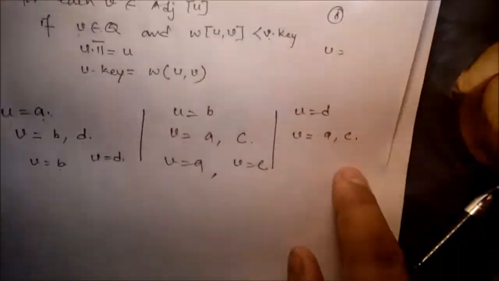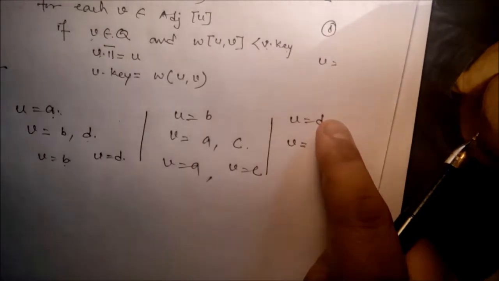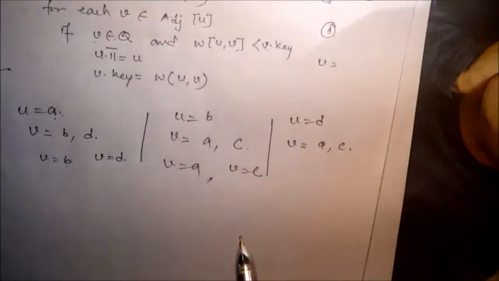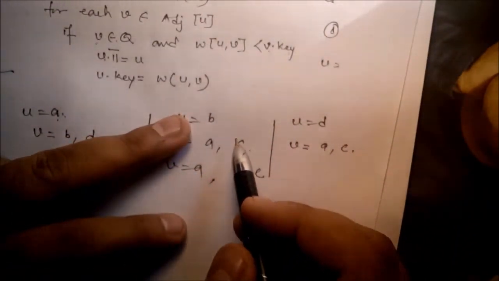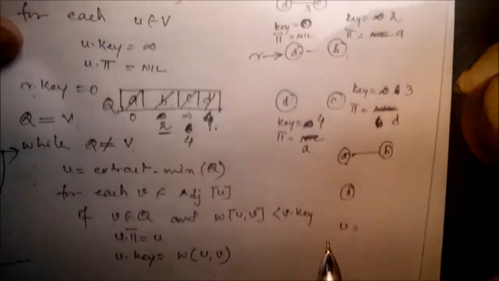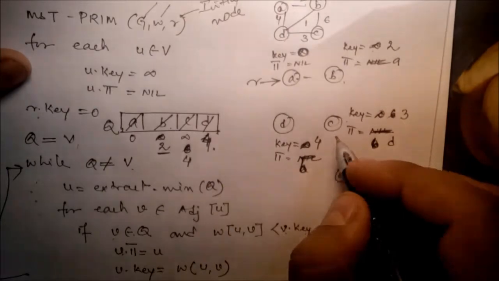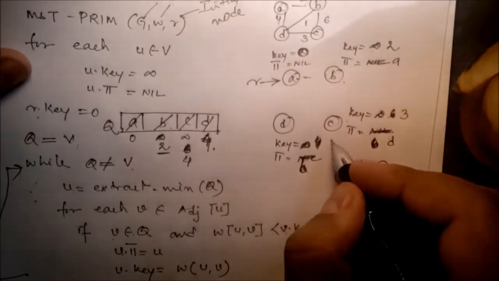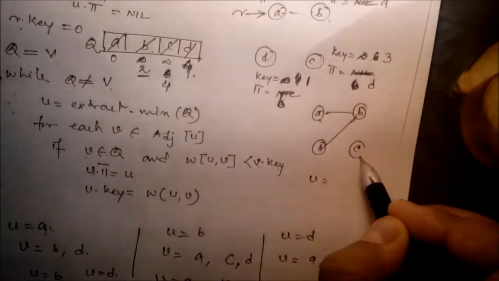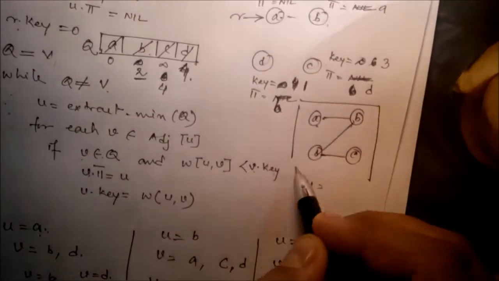That will not be 4, it will be from B. So for this case, the parent will be B, and the key value will be 1. And for C, the key value will be 3, and the parent will be D. So this is the minimum cost spanning tree using Prim's algorithm.